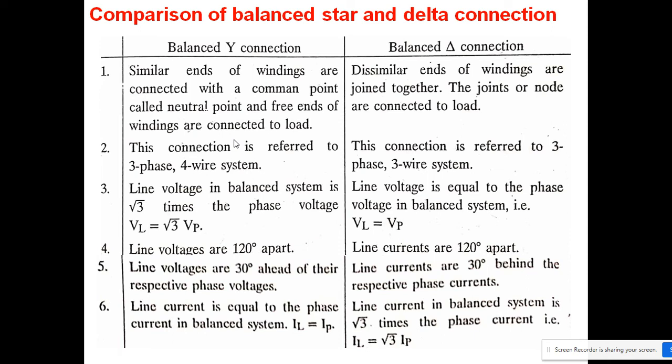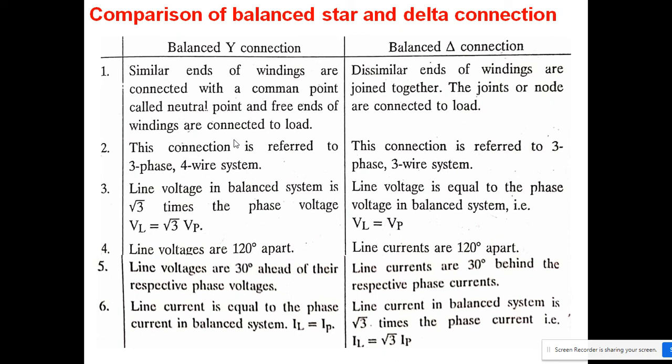But in the balanced delta connection, the dissimilar ends of the windings are joined together, and the joints or nodes are connected to the load. The star connection is referred to as three phase four wire. Why do we call this four wire? Because here we have the neutral also. That's why we use a three phase four wire system. And the delta connection is referred to as a three phase three wire system because we don't have a neutral here.